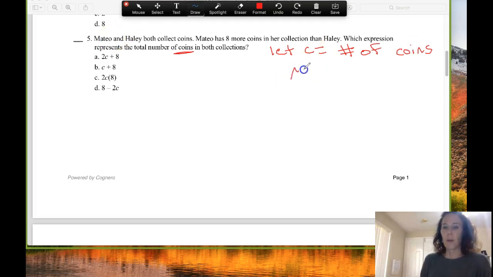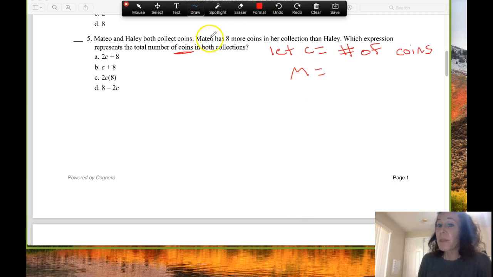So for Mateo, Mateo and Haley, they both collect. Mateo has 8 more coins in her collection than Haley. It looks like Mateo's a girl according to this pronoun. Sorry, I was just looking at that. I just said a boy.